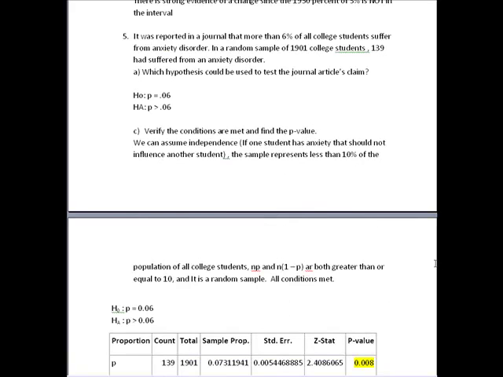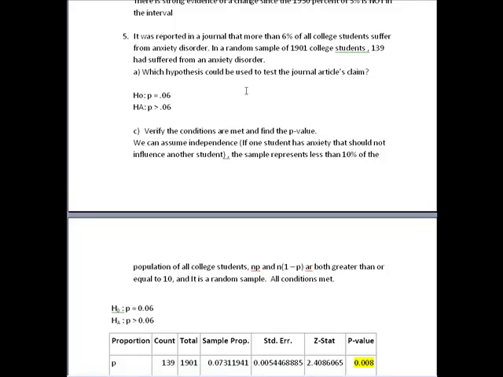Problem 5. It was reported in a journal that more than 6% of all college students suffer from anxiety disorder. You have a random sample of 1,901 college students, and 139 report that they suffer from an anxiety disorder.